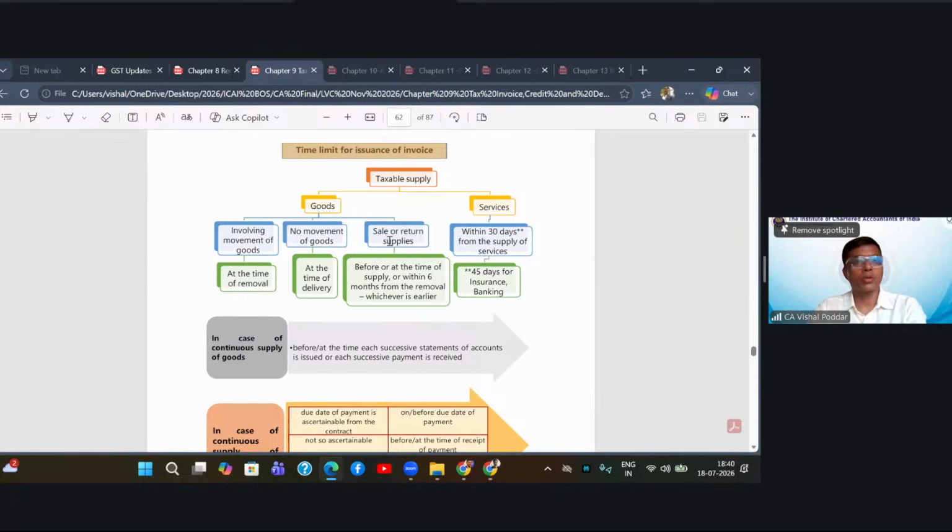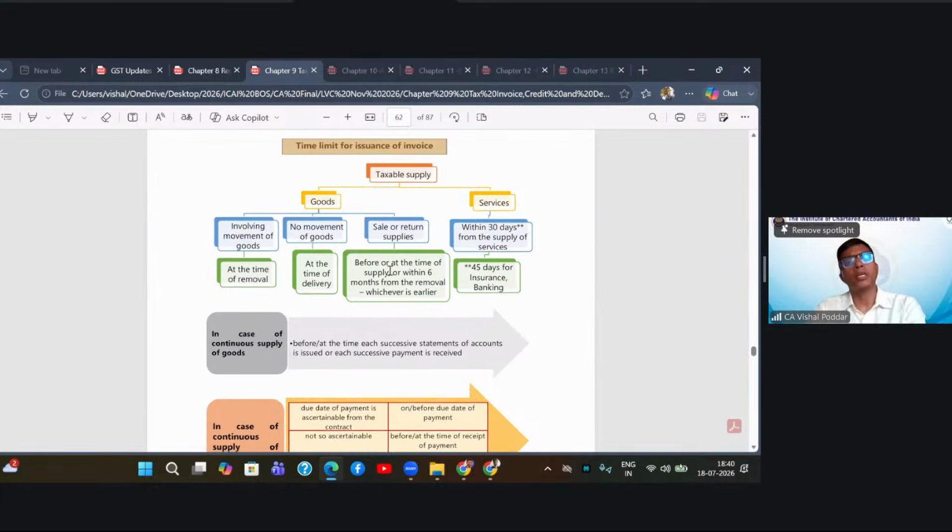Now, here there is only one relaxation, where the goods are sold or sent on return basis. In such cases, you may not immediately issue an invoice. At the time of sending the goods, you may use a delivery challan. Using the delivery challan, you may send the goods for the time being.